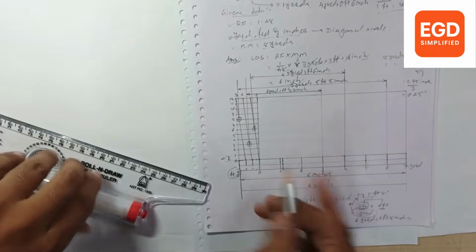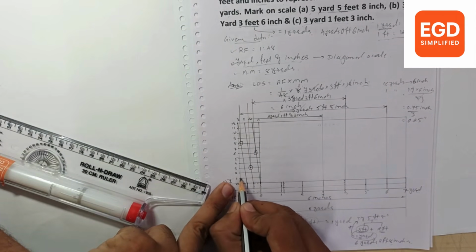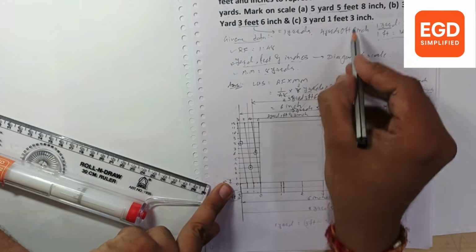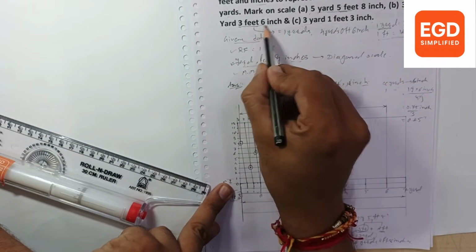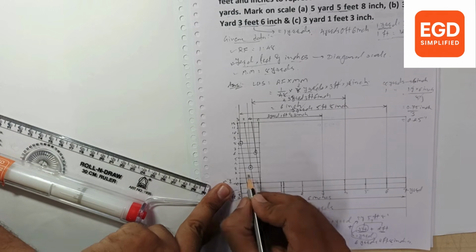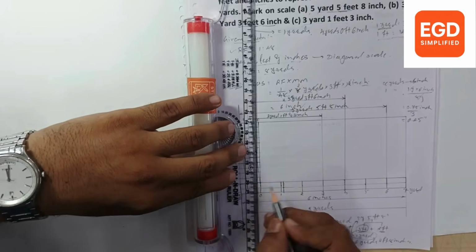Okay. Similarly here, if it is given 3 feet only, then we have to plot on this line. We can plot on this line, but it is given that 6 inch extra, means we have to mention on this side. Okay. As we have mentioned here, we have not mentioned actually on a straight line.